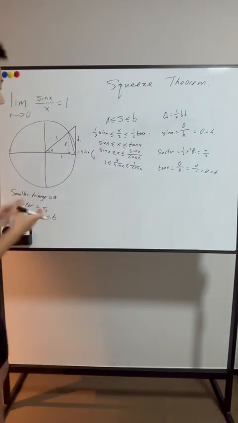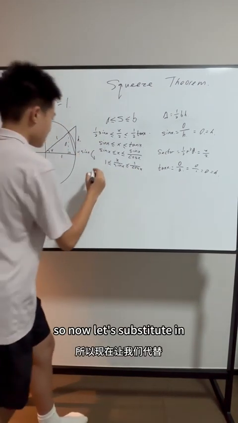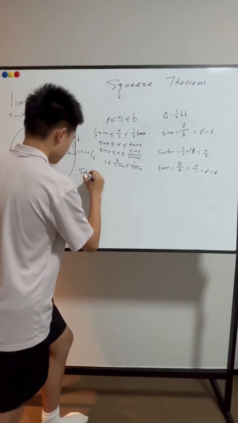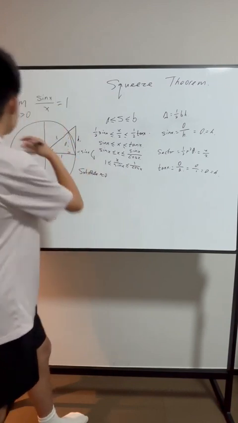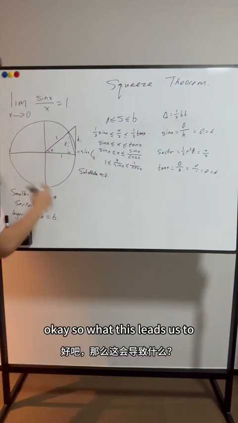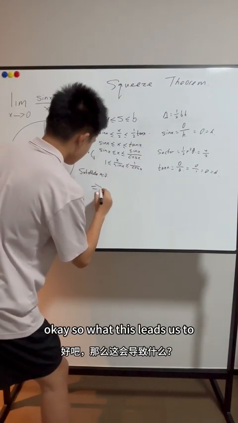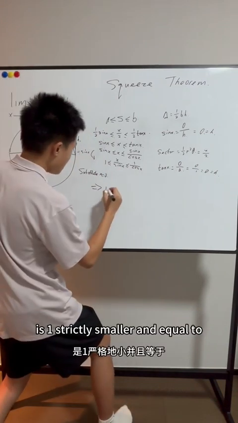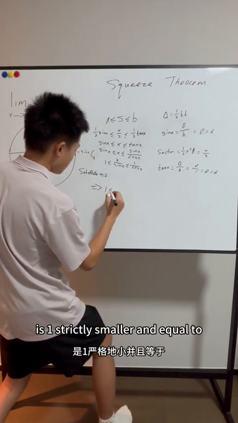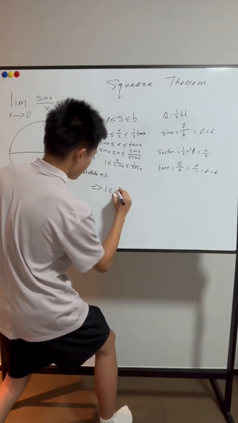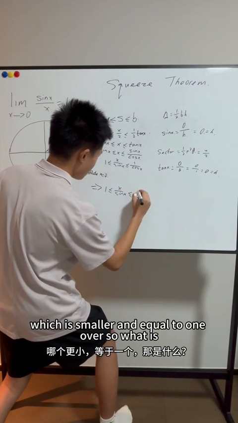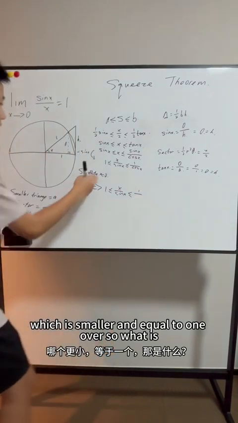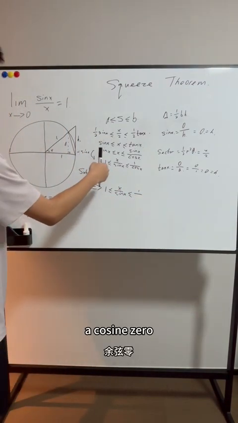Okay. So now let's substitute in x equals 0 from our limit. What this leads us to is 1 smaller than or equal to x over sine of x, which is smaller than or equal to 1 over cosine 0.